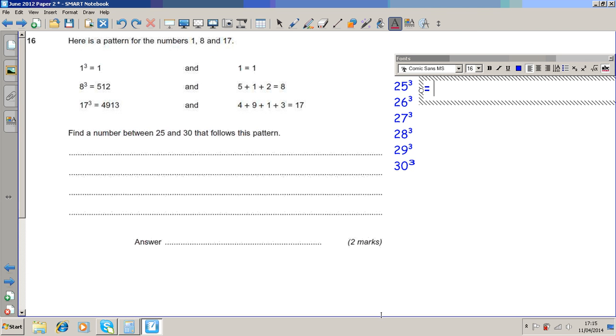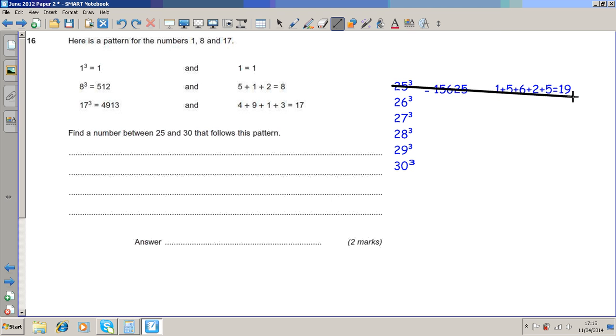What is 25 cubed? 25 cubed is 15625, and 1, add 5, add 6, add 2, add 5 is equal to 6, 11, 12, 14, 19. So that is not a winner.